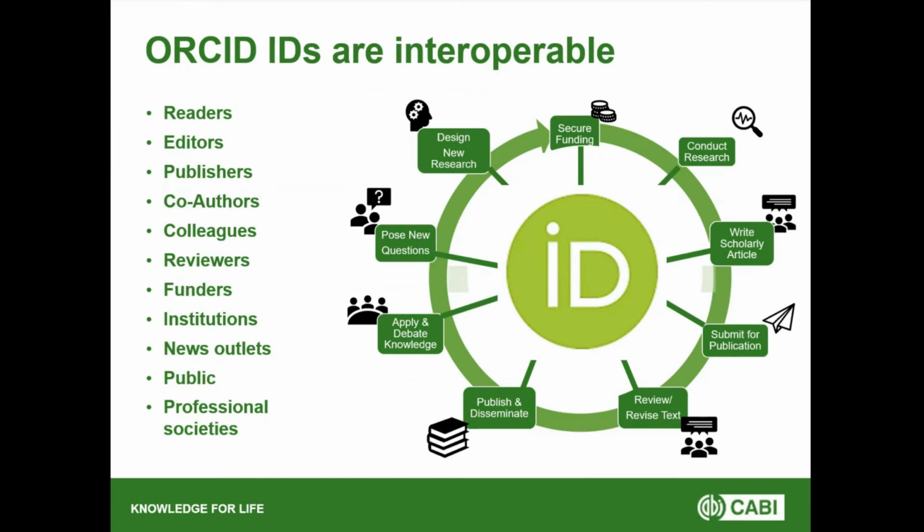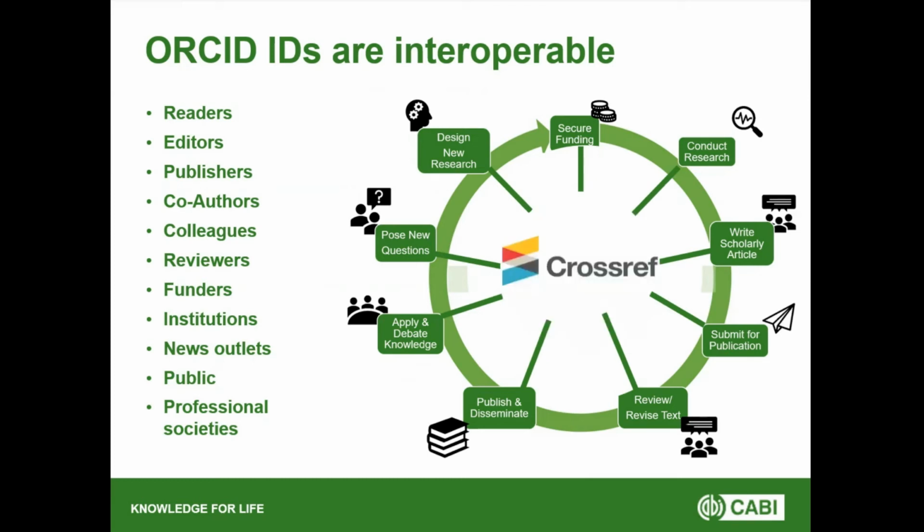But since ORCID began in 2012, an increasing number of very specific digital identifiers are coming into play. So these include, for example, DataCite, where you deposit a data set and get a DOI or a digital identifier for a particular data set.